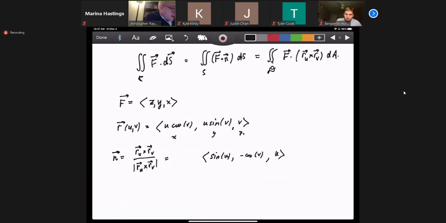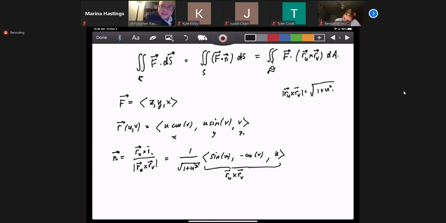All right, so this was RU cross RV. I can divide by the length of this. What would that be? It would be the square root of sine squared plus cosine squared, which is 1, plus u squared.